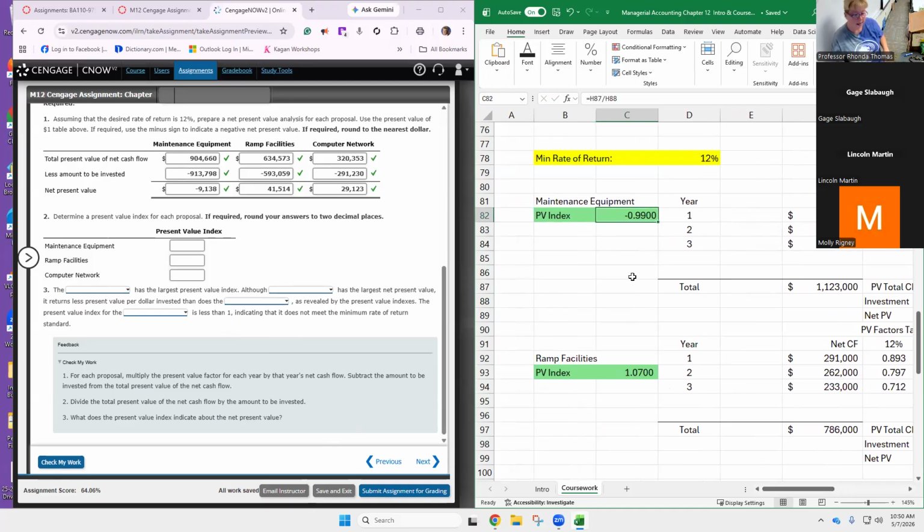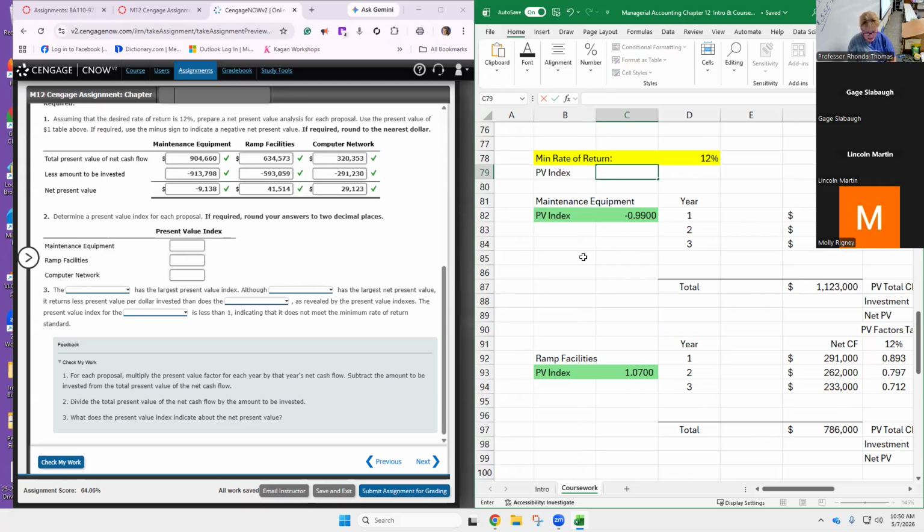But here's the idea of the present value index. If you guys wouldn't mind listening for just a minute, I'm going to make a rule about that here on my spreadsheet. So your present value index, here's what it's telling you. At the very least, your present value index should be 1, at the bare minimum.